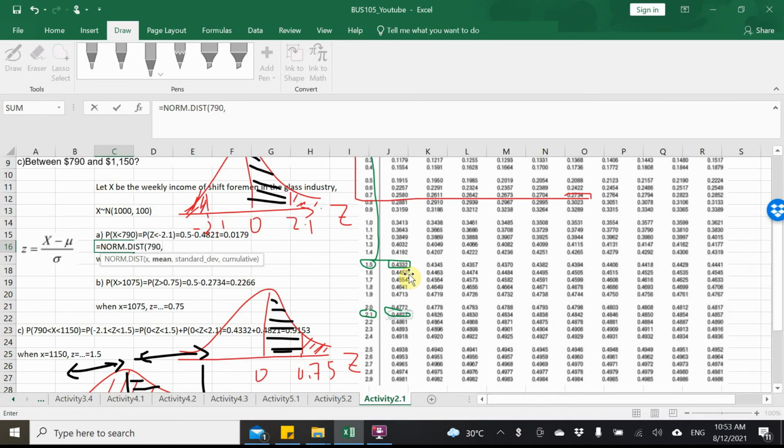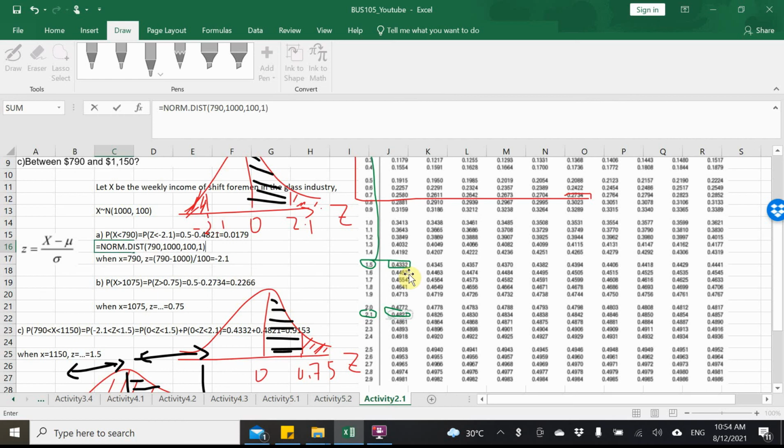And what is the mean of our distribution? It is 1000. What is the standard deviation? It is 100. Is it the cumulative distribution function we want to use here? We always choose yes, true, when we want to find a probability of the normal distribution. So you can simply type 1 to denote true.